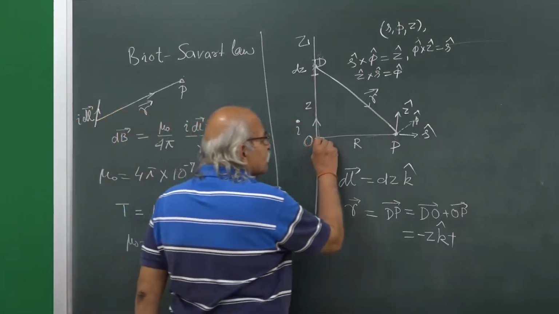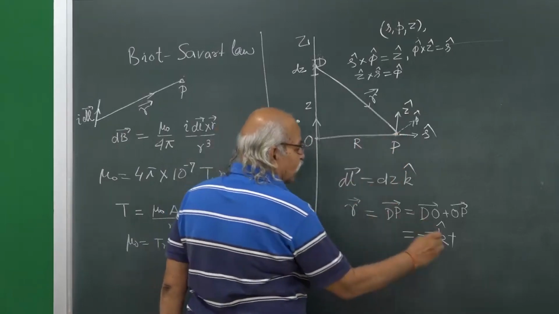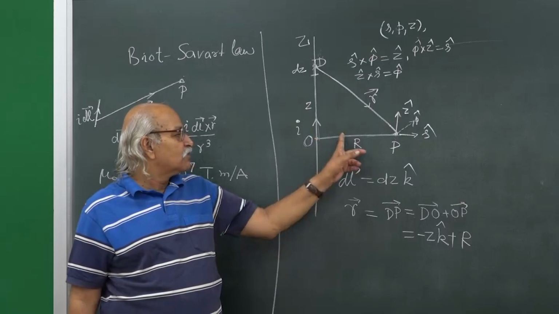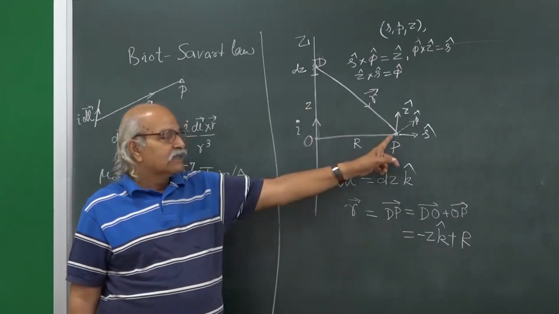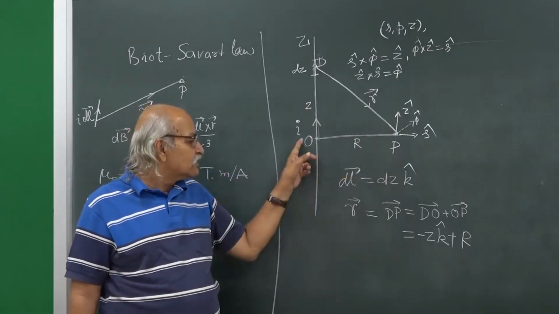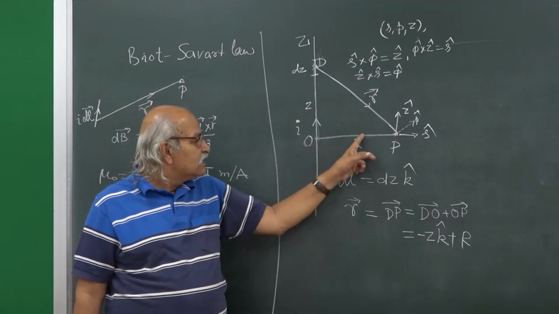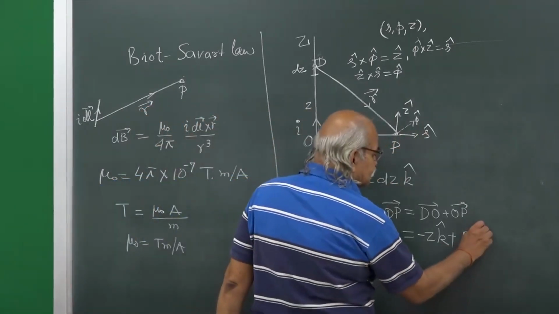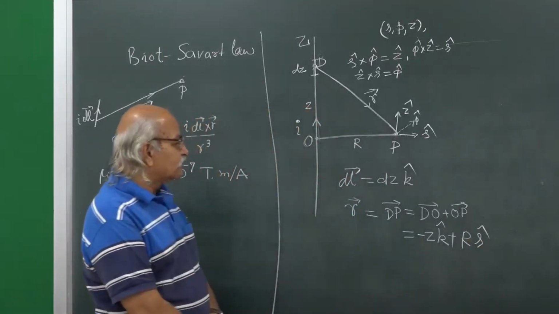What is this OP? This OP is r, the distance from the wire here, and in which direction is OP? OP is in the direction of s cap. So, that is r vector.